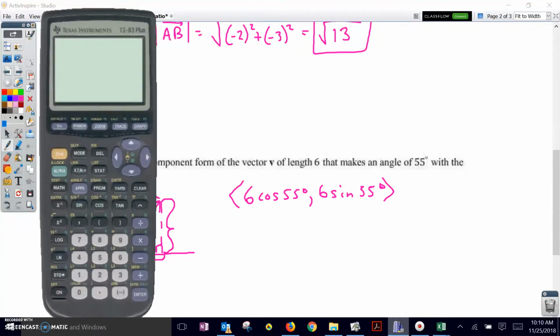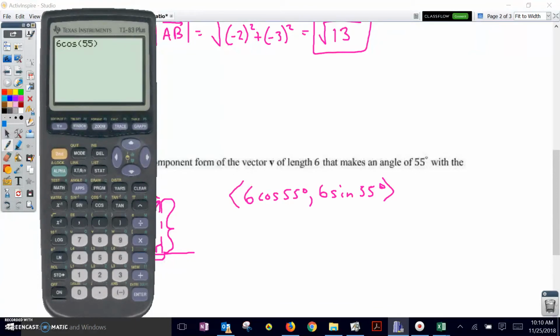And I'm going to go ahead and just calculate those. We'll get approximates for them. So we've got 6 cosine of 55. Alright, where's my degree symbol on this calculator? Do we have a degree symbol? Or do I have to switch modes? I don't see a degree symbol anywhere on here.